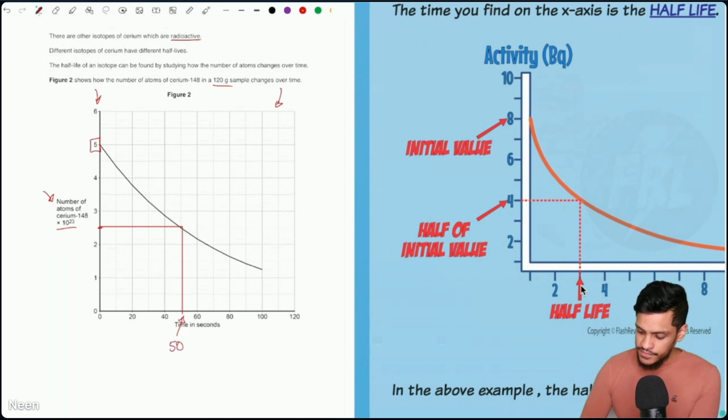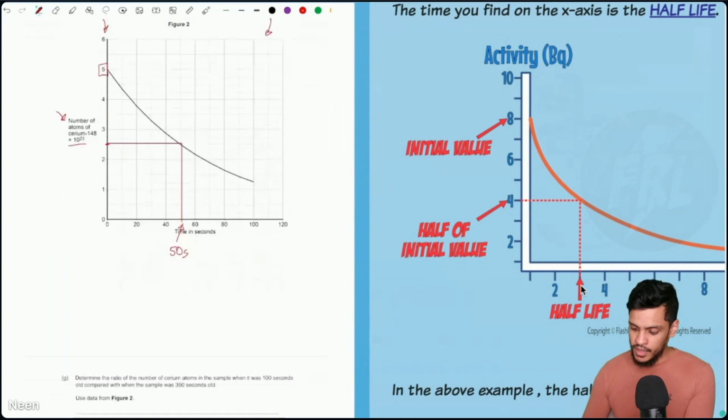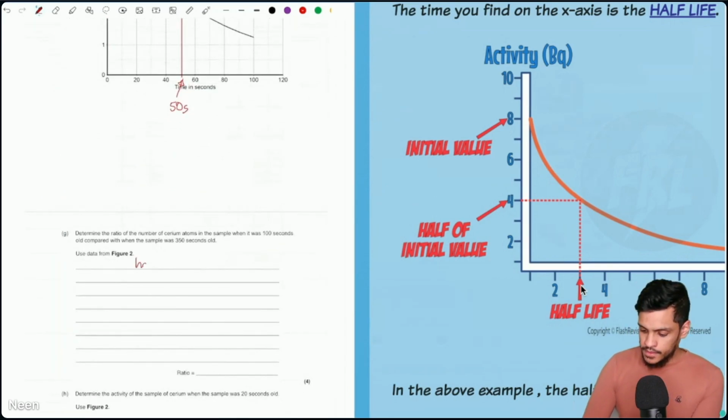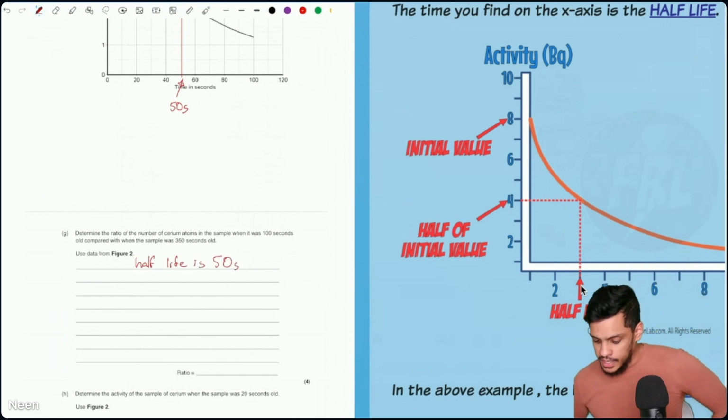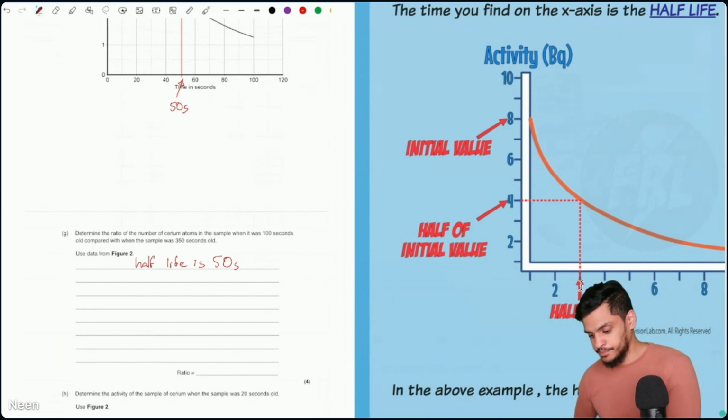So the half-life is 50 seconds. So that means every 50 seconds, the number halves. Yeah, well done. How many marks does that give you? That only gives you 1 mark.